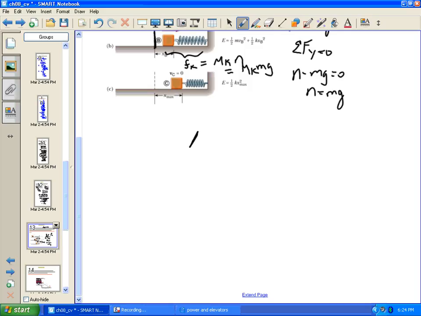So we've got delta K from C to B, C being the position where the spring is fully compressed and the mass momentarily stops, plus no change in gravitational potential energy because this is a horizontally moving block.